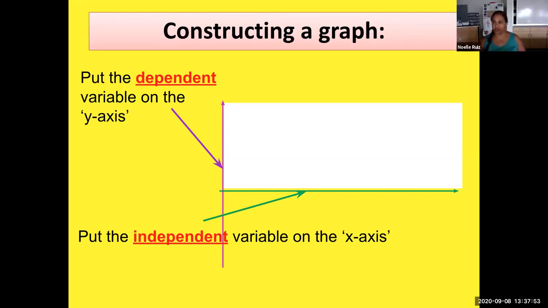It's the thing you're measuring, the thing you have no control over. And then the independent variable goes on the x-axis. Those are the categories, the things you're comparing. And when we do graphs in class, we will do line graphs.